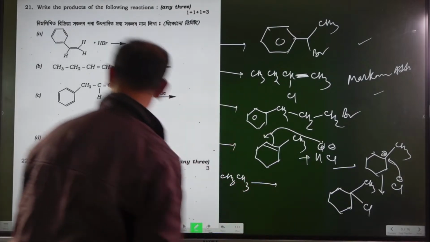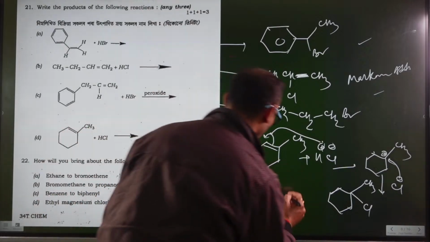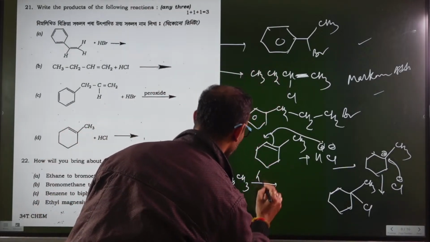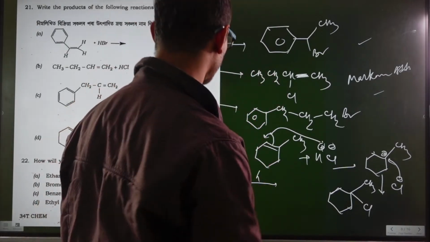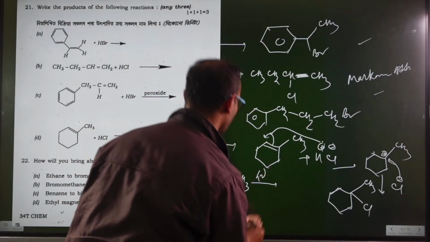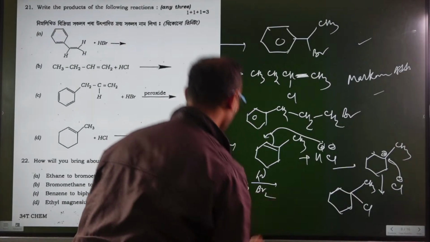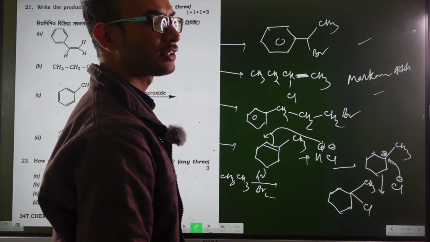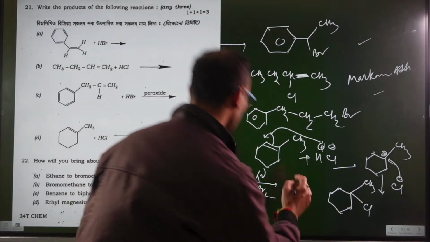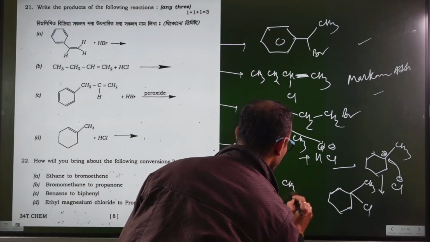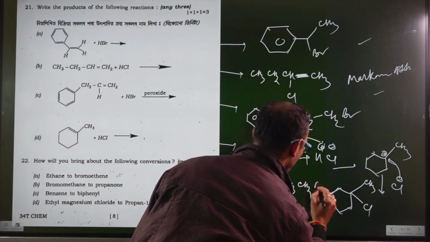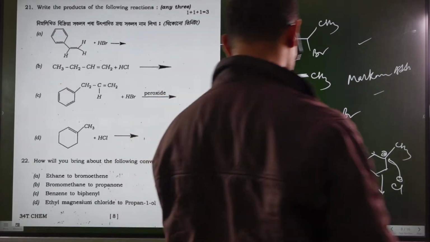So how to convert to bromoethane? You have to carry out the reaction of ethane photochemically, in the presence of light, h nu, and bromine. So it is a substitution reaction. It will give you CH3CH2Br. This is the product.